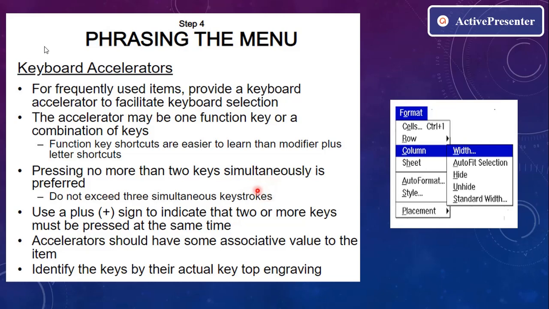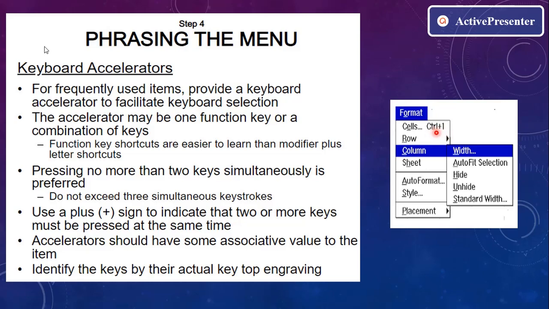So when you are placing keyboard accelerators, do not use 3 keys simultaneously. Do not exceed more than 3 keys. For example, you are going to use Control plus 1.